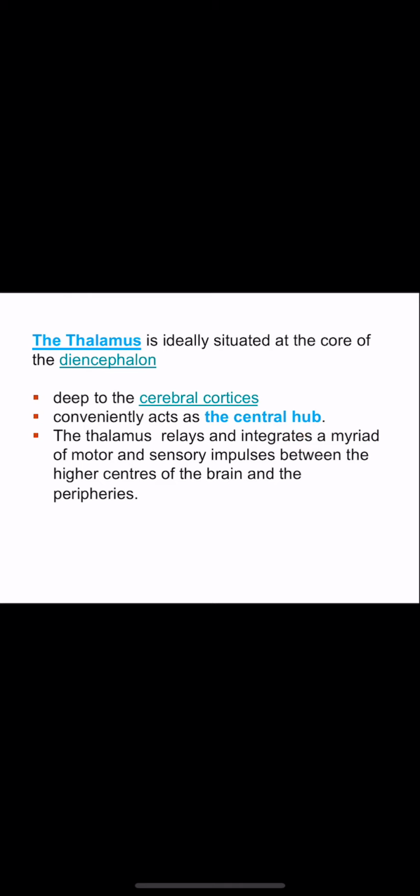When you have a hub that distributes services to different regions or different rooms, the thalamus is just like a hub that distributes the incoming information and impulses to different areas of the brain.